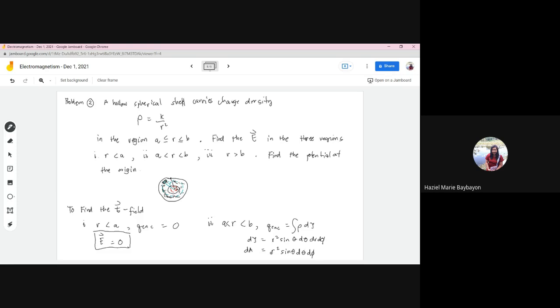Integrating dA, we get r squared multiplied by 2 pi from d phi, and the integral of sine theta d theta gives 2, so this is 4 pi. So you have 4 pi r squared. Okay, so that is for region 2.